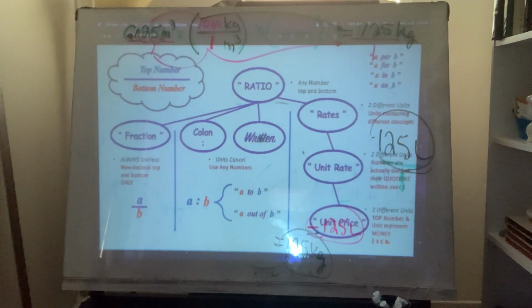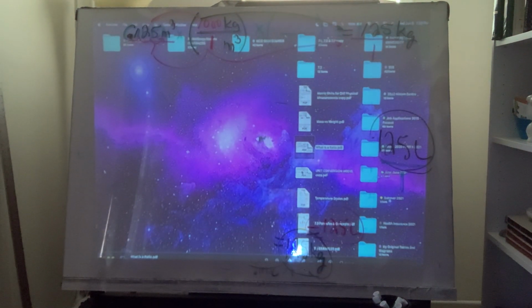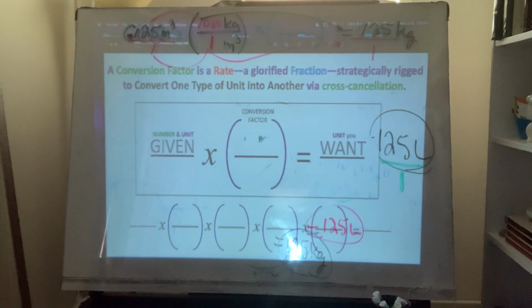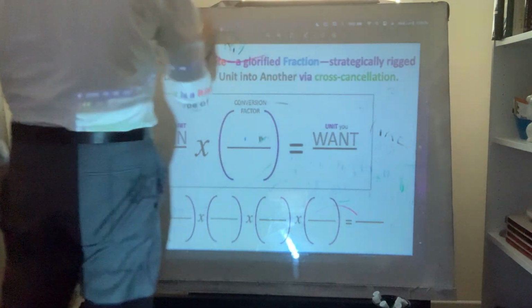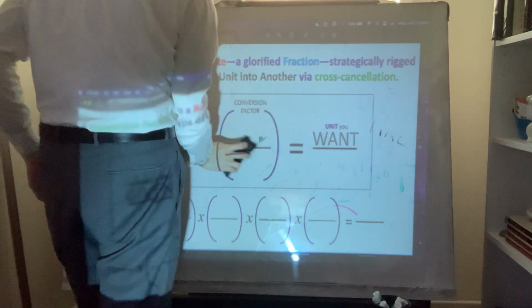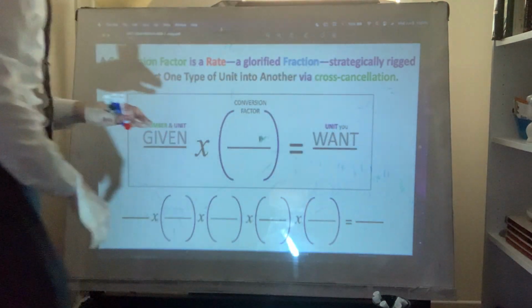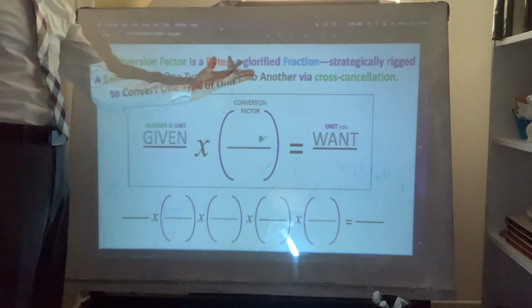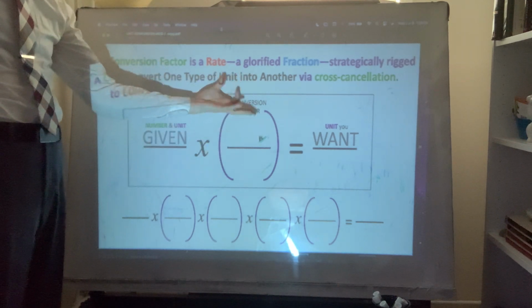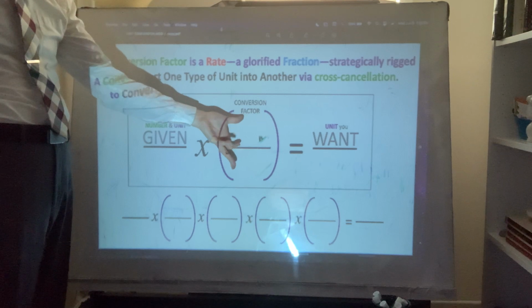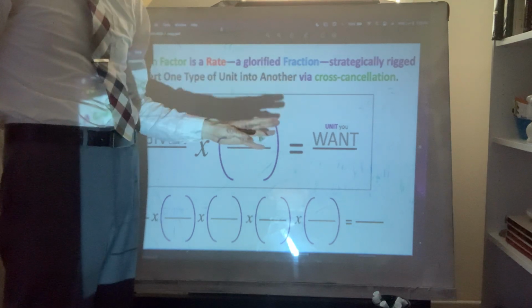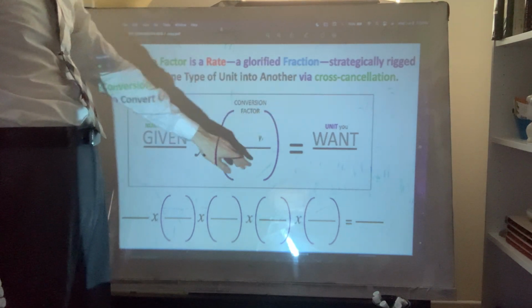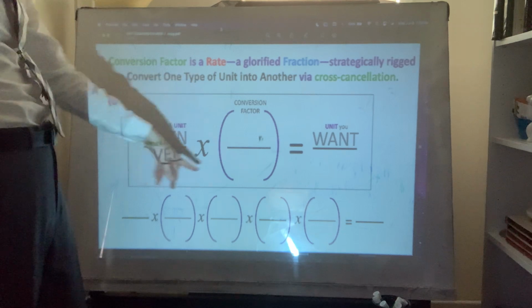Because I keep saying, when I tell you about this unit conversion model, I mean it: a conversion factor, which is those equations, 2 at a time, oriented in the style of a ratio, or a rate in this case, is a glorified fraction. By that I mean it has an obvious top and an obvious bottom, but it's strategically rigged for the sake of a cancellation effect.